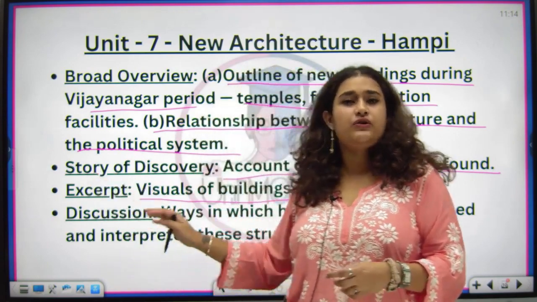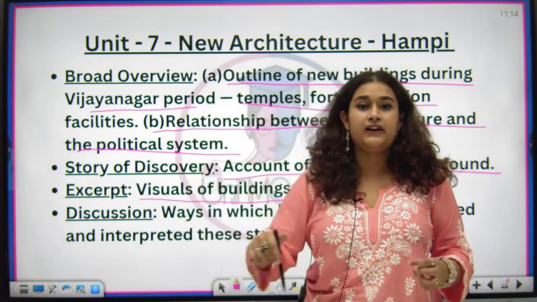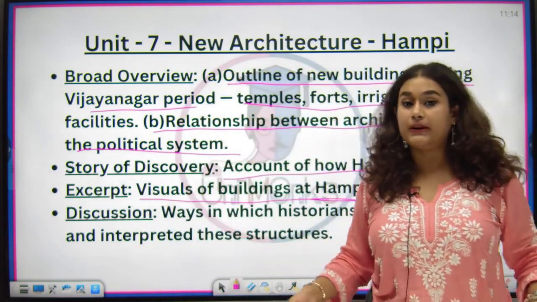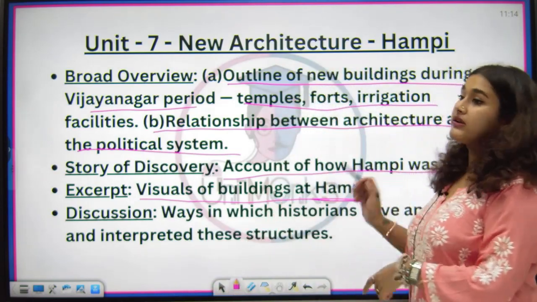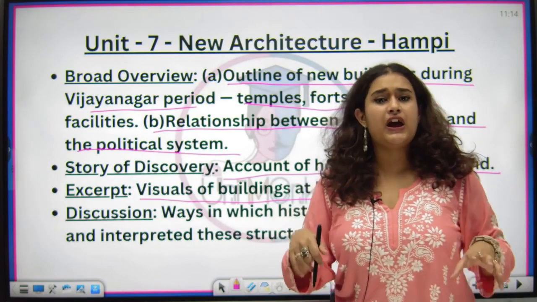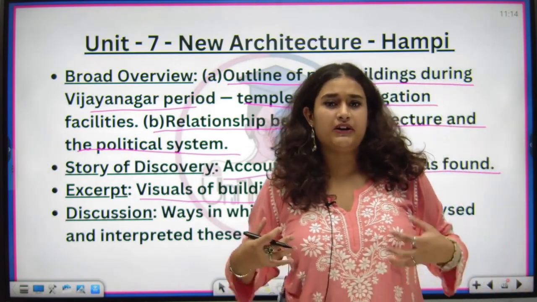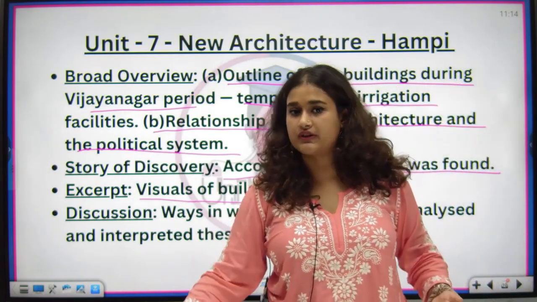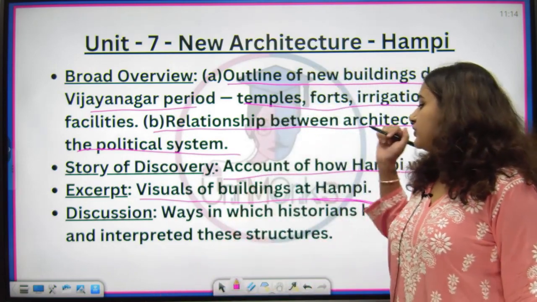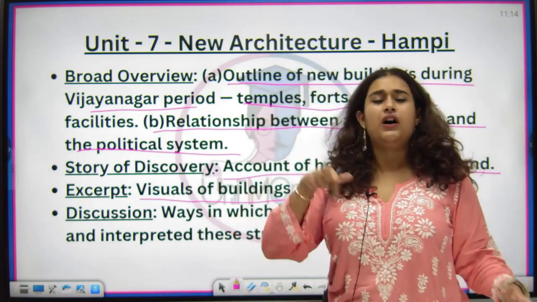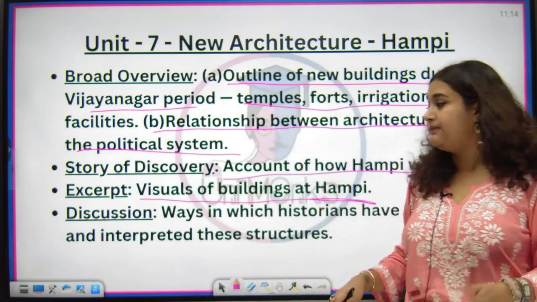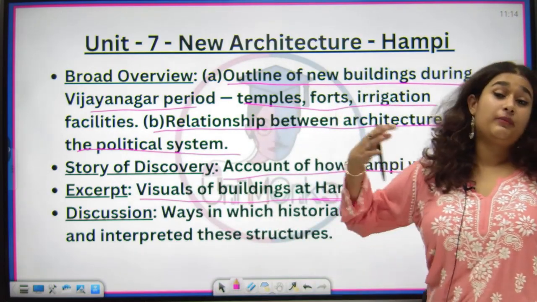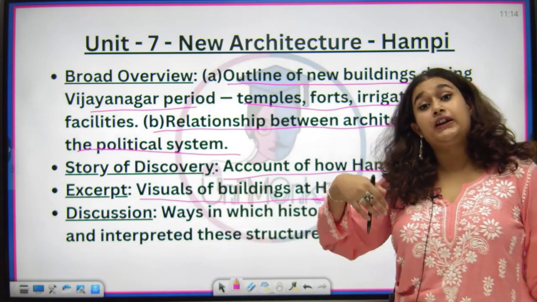Because in order to put your kingdom's money into building temples, forts, and irrigation facilities, you need to have a peaceful environment. You clearly were not going to war with people all the time. This is the broad understanding of what has been interpreted from these buildings. We'll talk about it more in depth in further videos.